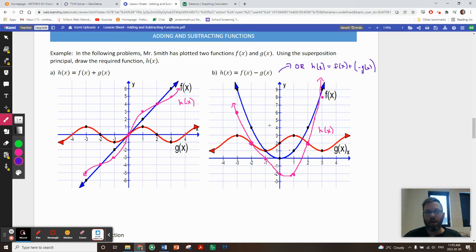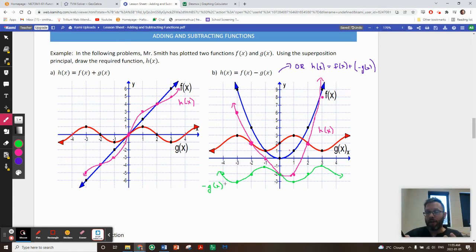So for our problem here, what you could have done is you could have just drawn the negative of the red function g of x, the negative of that sine function, which is not too hard to do, would just be something like so. That would be negative g of x, and then add the ordinates, the y values of that green function and the blue function f of x.